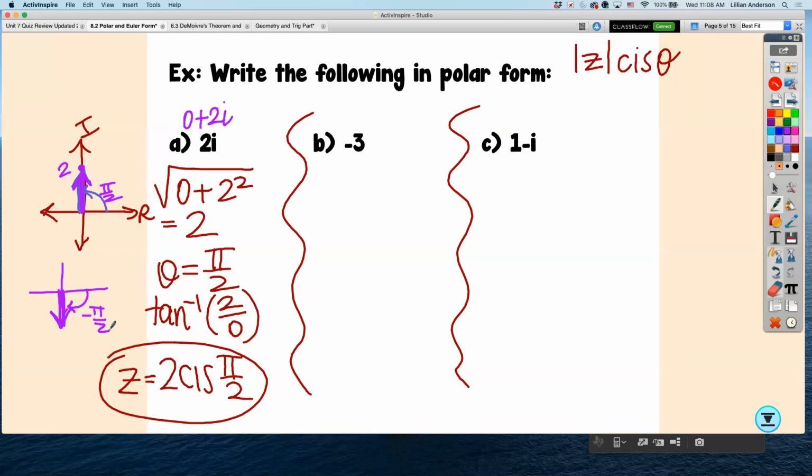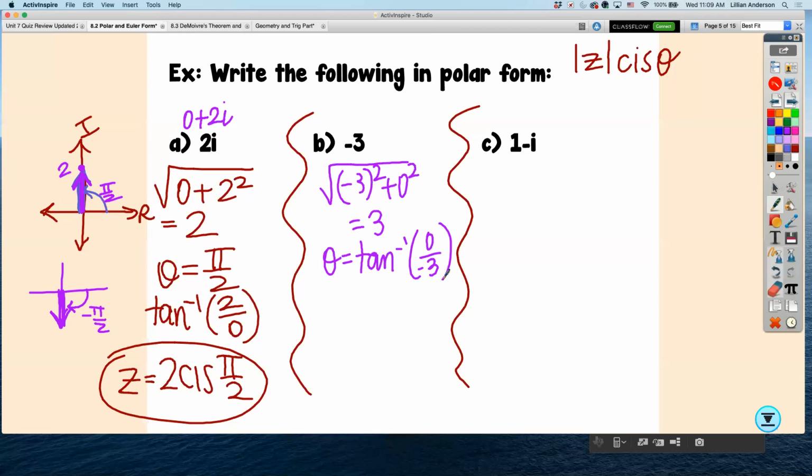This one here, our modulus would be the square root of -3 squared plus 0 squared, or in other words, just 3. And then theta, we can find by doing the tangent inverse of b, which is 0, over a, which is -3. Or we can figure out where -3 would be located if you think about a graph.